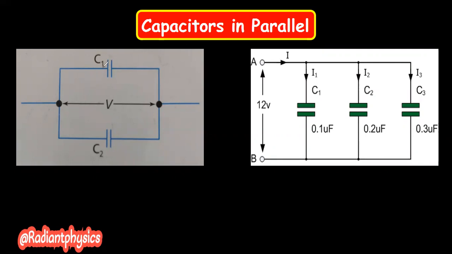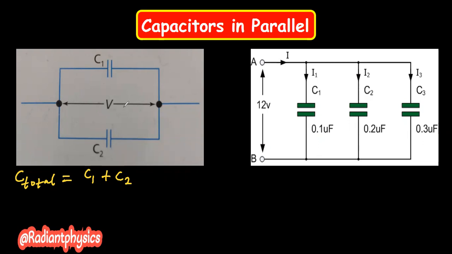Since capacitor 1 and capacitor 2 share the same voltage, our total capacitance is going to be C1 plus C2. So this is going to give us the combined capacitance in these circuits.